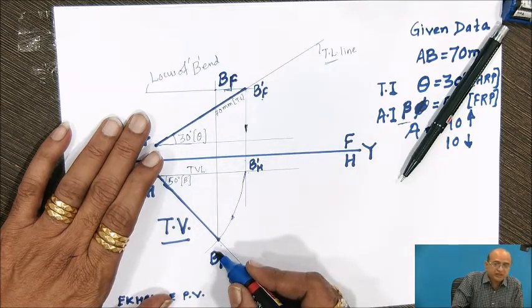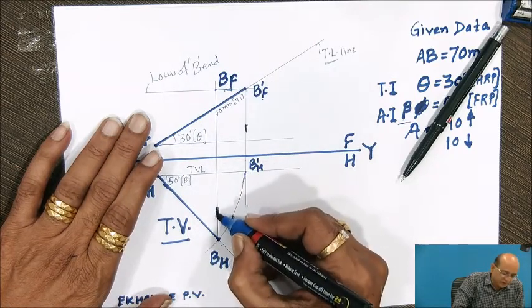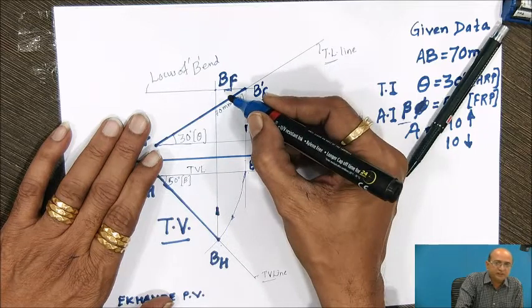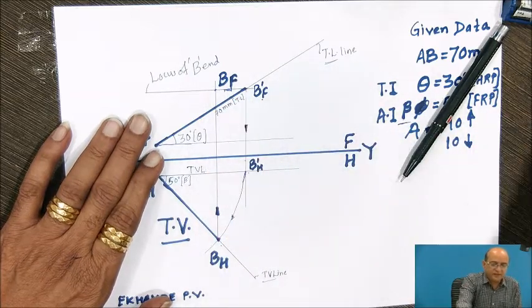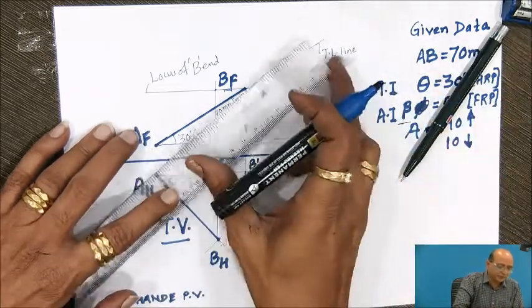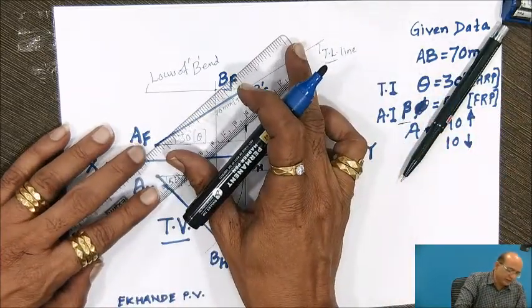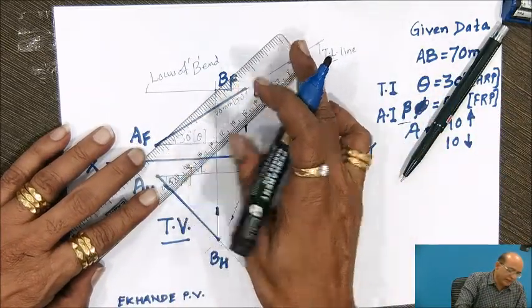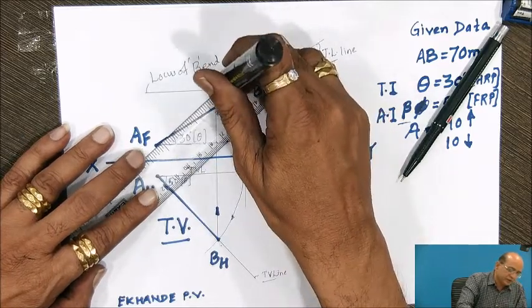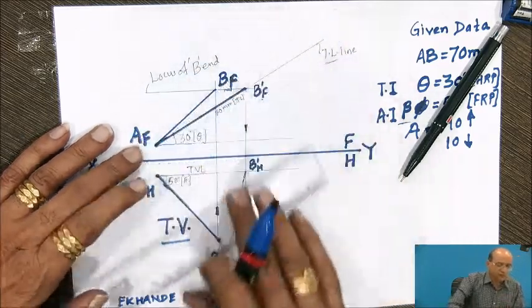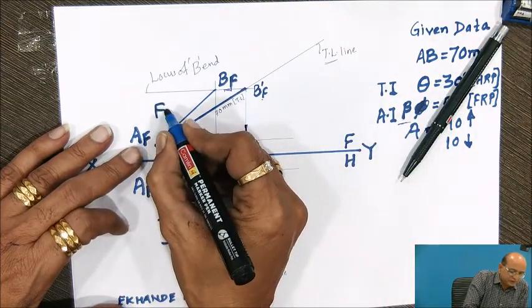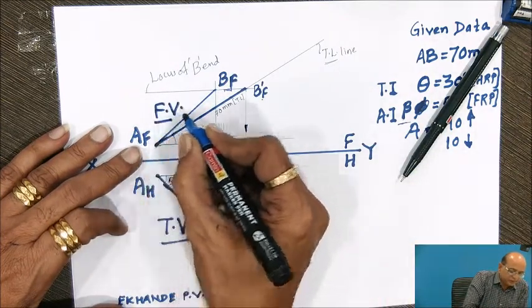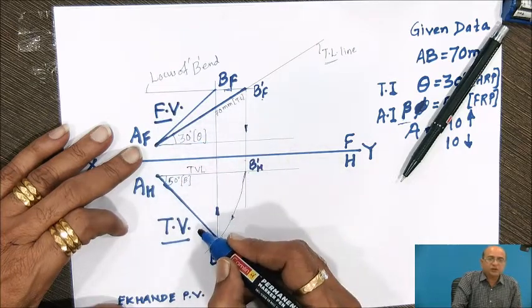BH I am taking in the upward direction, so its projection is taken upward, which intersects the locus, and the line connecting AF and BF is now the front view of the line. That completes the projections. So this is the front view of the line, and this one is the top view of the line.